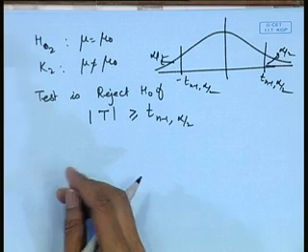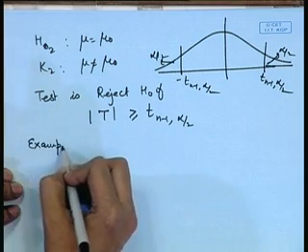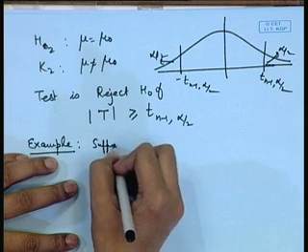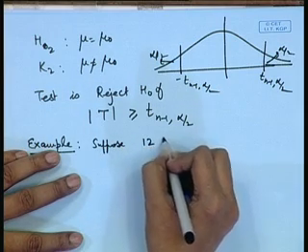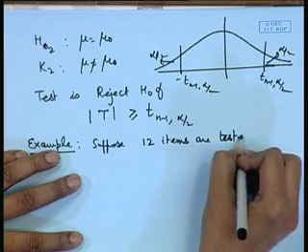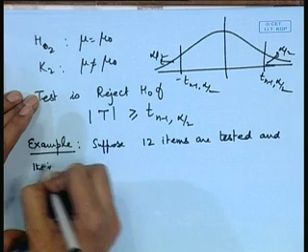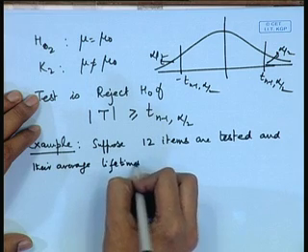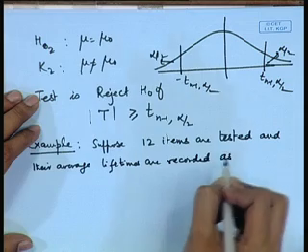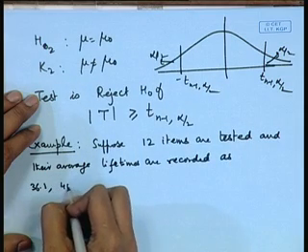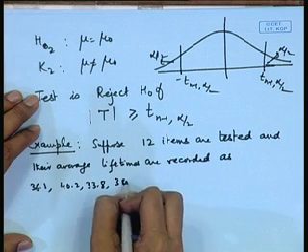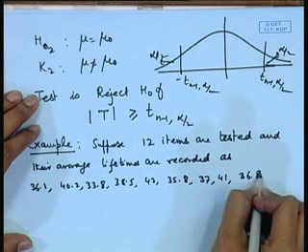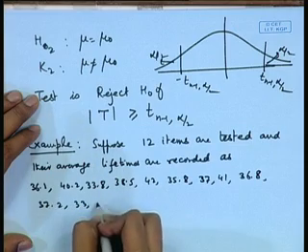Let me take one example here. Suppose twelve items are tested and their average lifetimes are recorded as say 36.1, 40.2, 33.8, 38.5, 42, 35.8, 37, 41, 36.8, 37.2, 33, 36.